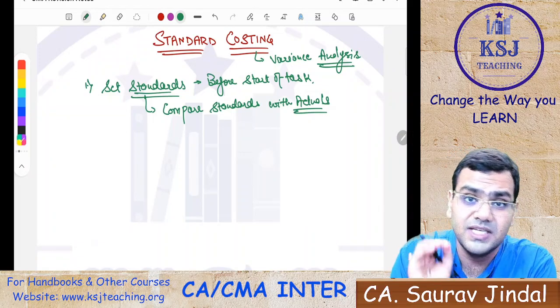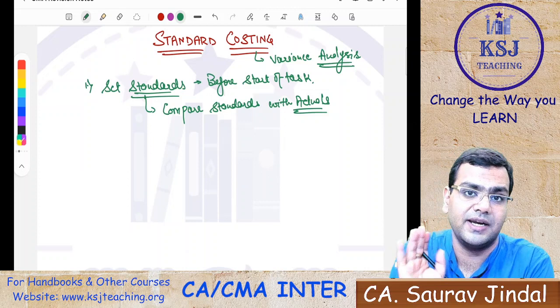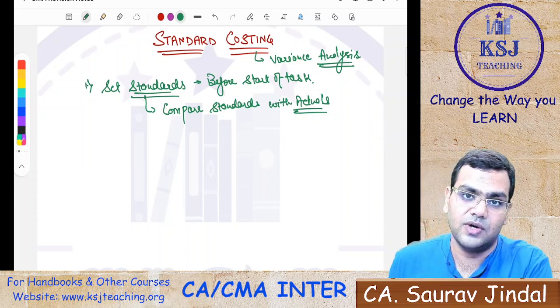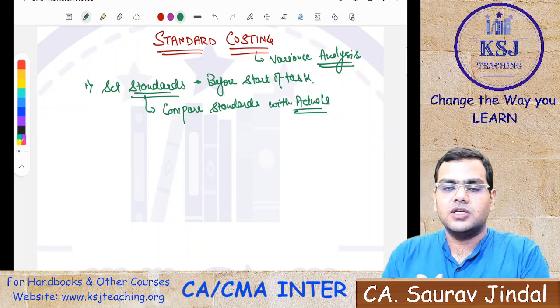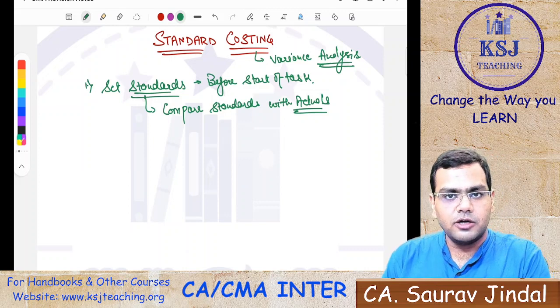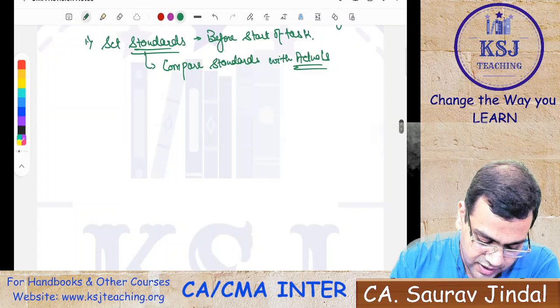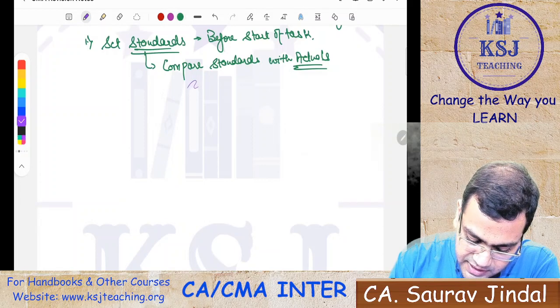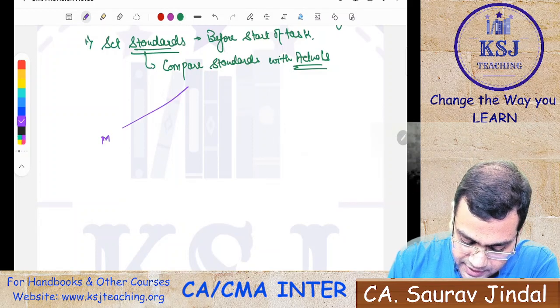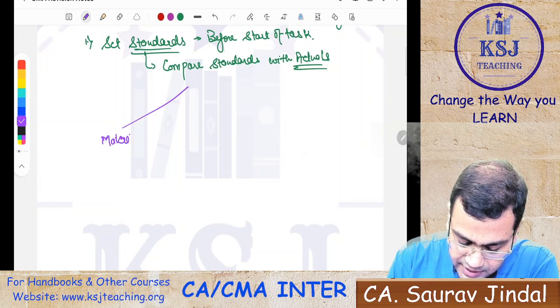You need to find out the reason for the variance and then take corrective action regarding that variance, right? So in standard costing, from the business point of view, we have to study the various variances. What are those various variances that we'll be studying? One is related to material. Material means the raw material, right?